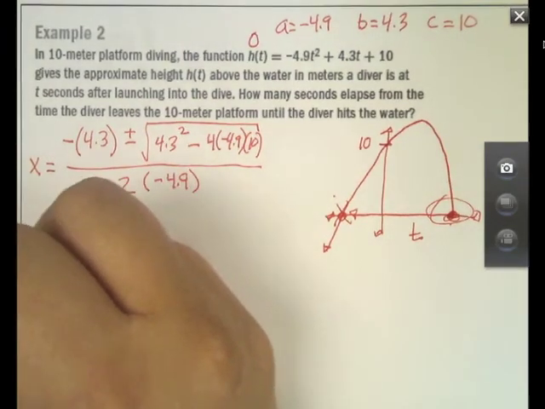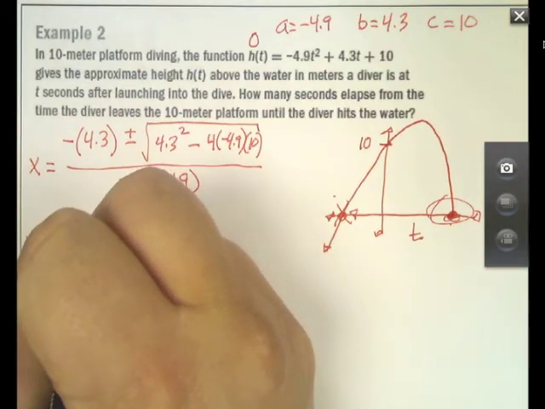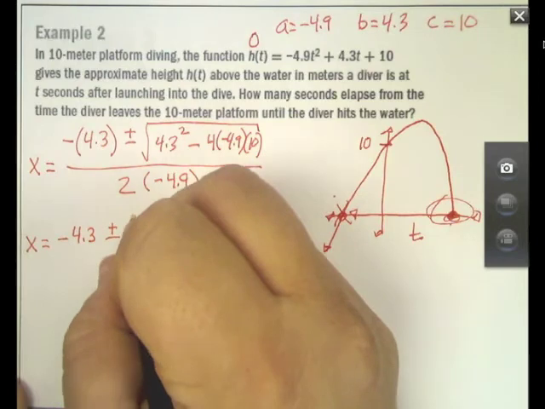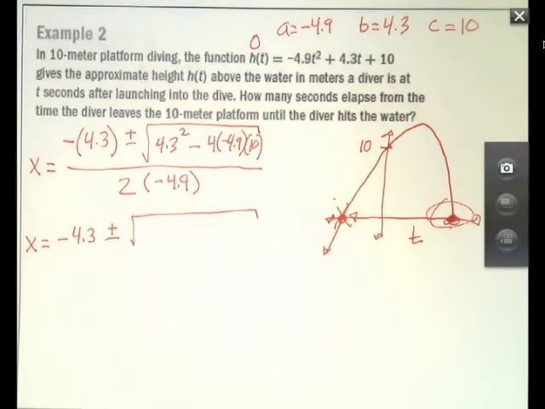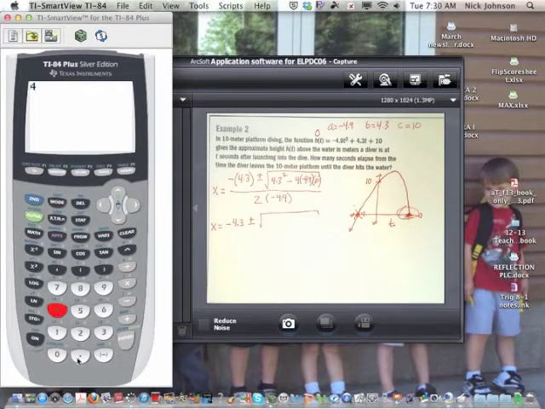Okay? Once again, do what's inside the radical sign first. So X equals a negative times 4.3 is negative 4.3 plus or minus the radical of 4.3 squared.